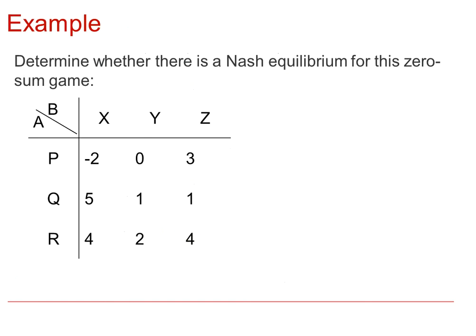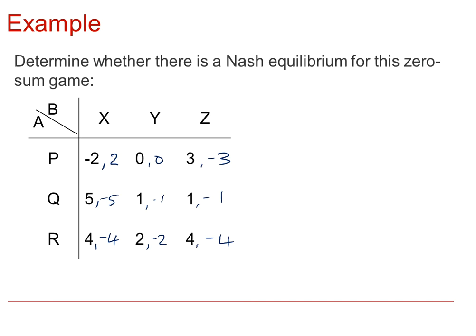To determine whether there is a Nash equilibrium for this zero-sum game, first of all, let's set up the ordered pairs. I can do this because I know it's a zero-sum game, so I know that the B payoffs will be the negative of the A payoffs.